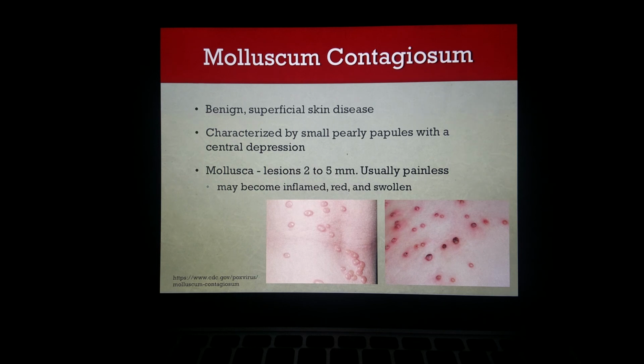So the bumps are usually called mollusca, usually 2 to 5 millimeters in size, usually painless. But they can become inflamed and swollen and itchy, especially with kids. You have some issues with the itching.